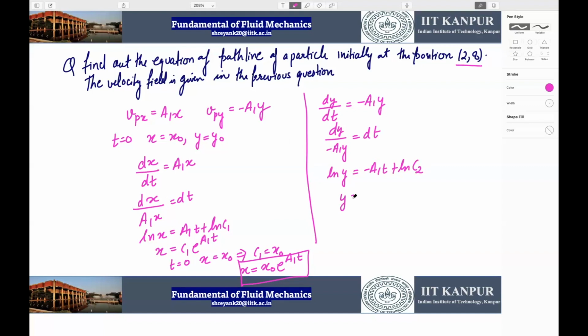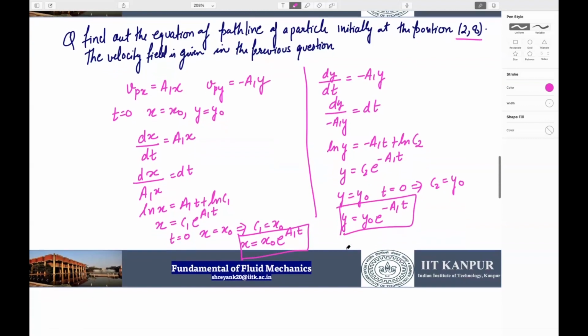So y becomes c2 e to the power minus a1t, and we know y is equal to y naught at t equal to 0. Therefore, c2 becomes y naught, which means y is equal to y naught e to the power minus a1t.